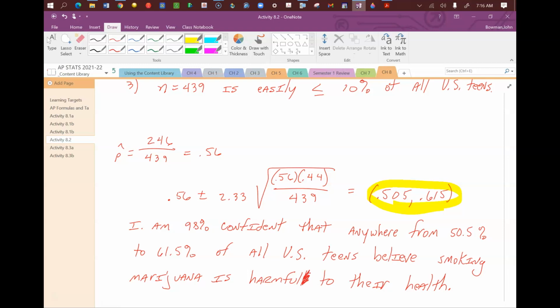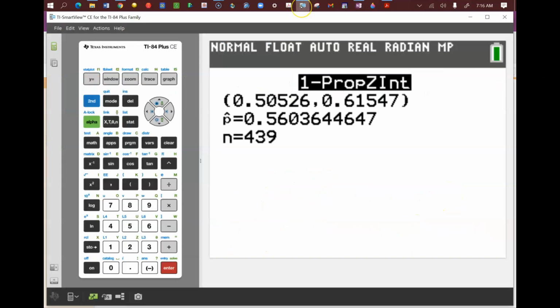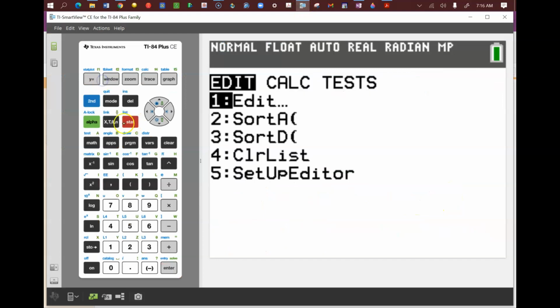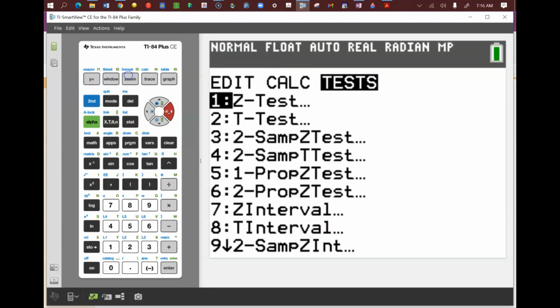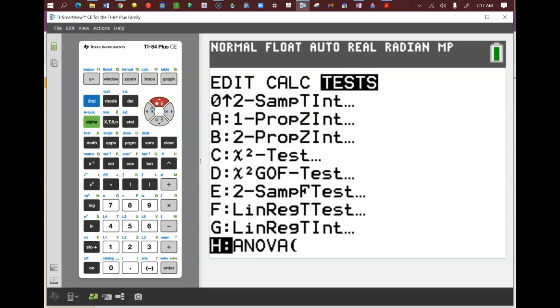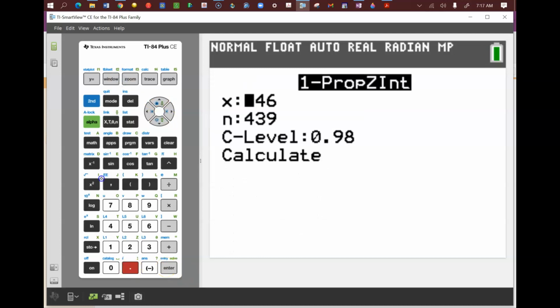Now there's one thing I want to show you about using the graphing calculator to construct this confidence interval. You need to use the number of successes and not the proportion of successes. So when you select this, if we had known that 0.56 was the proportion of successes, you cannot put that in. It will not work. So here's what you could do instead.